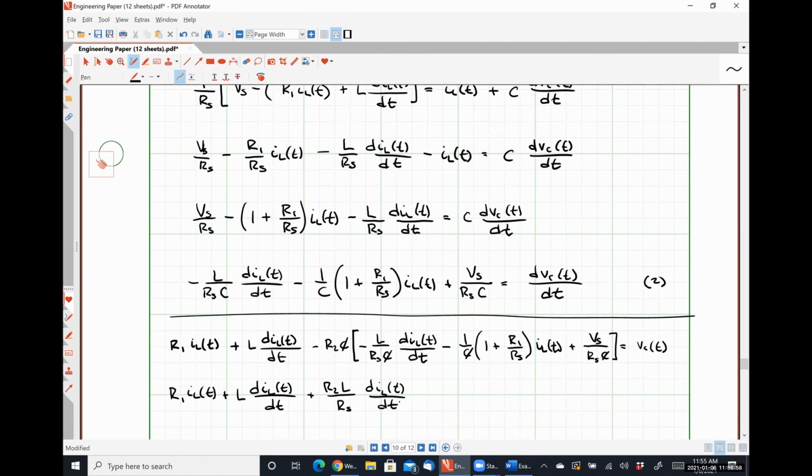Negative R2 times negative gives me positive R2, 1 plus R1 over RS times IL. And then I'm going to have negative R2 VS over RS is equal to Vc of t.